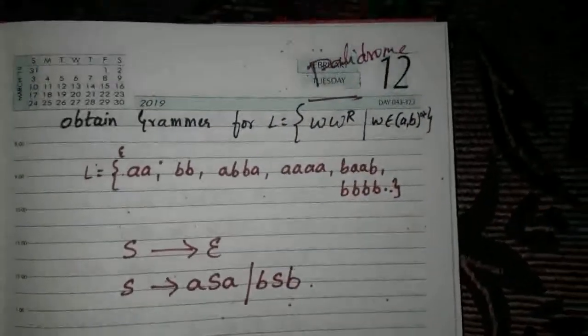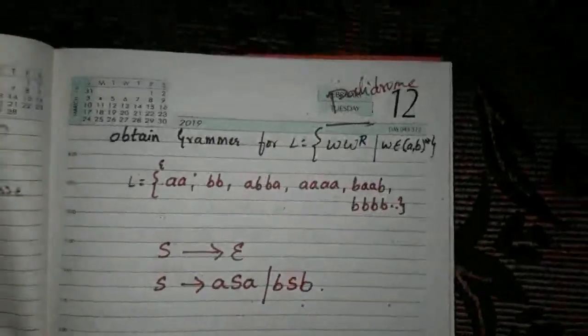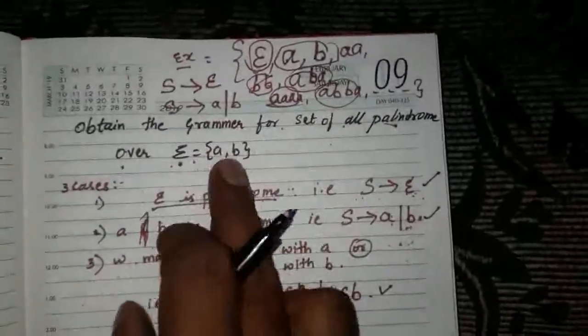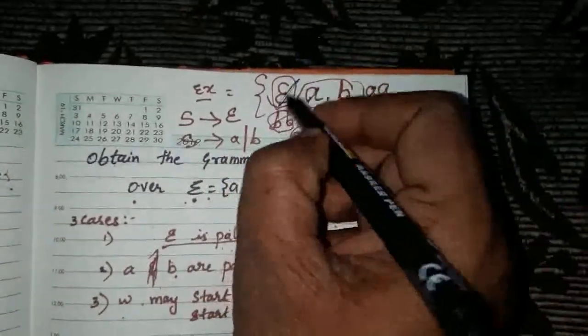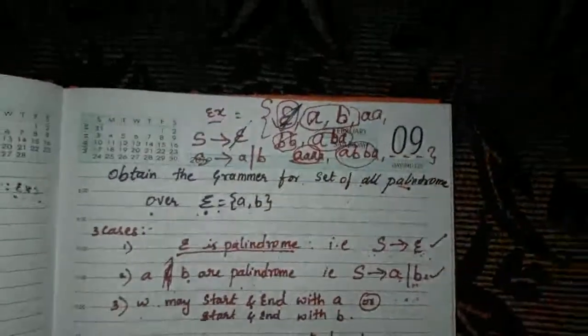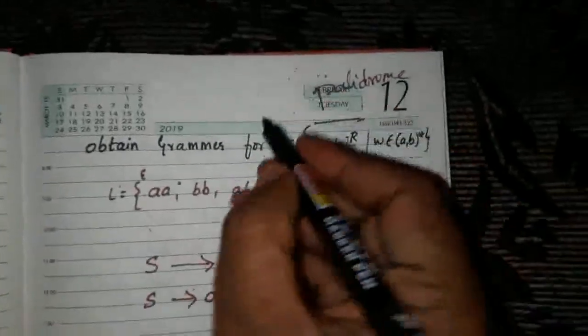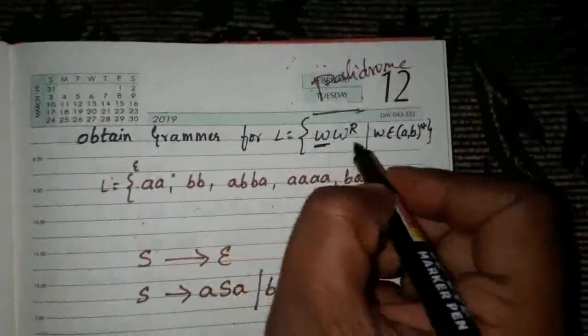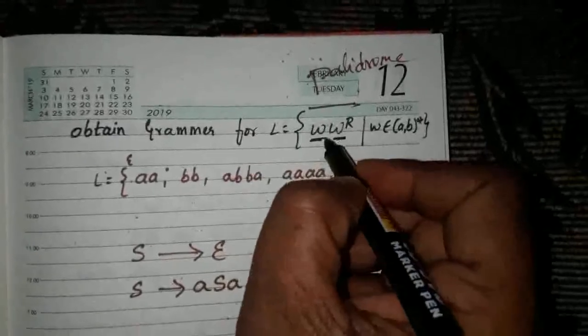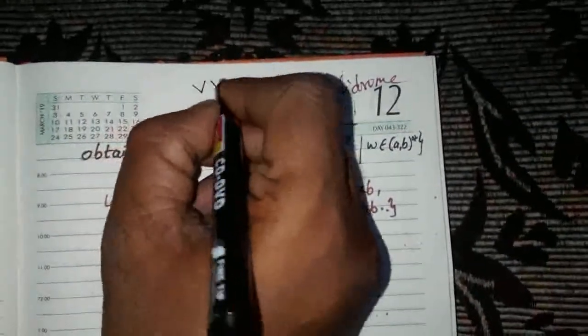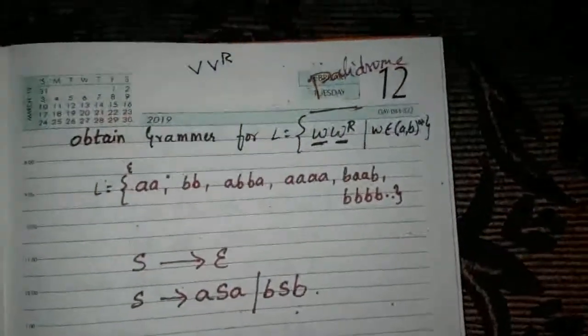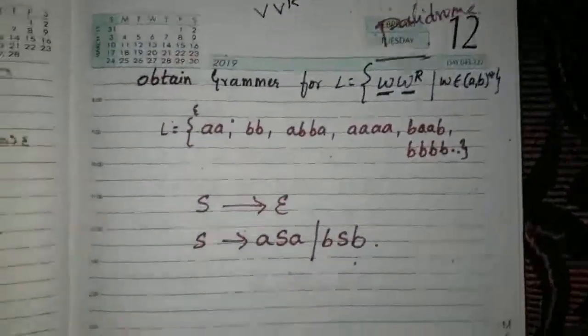But there is a difference between this palindrome and the previous palindrome. In the previous palindrome, you can get epsilon also, but here the first half of the string should be exactly opposite to the second half of the string. That is like W reverse, which we solved in the last classes.